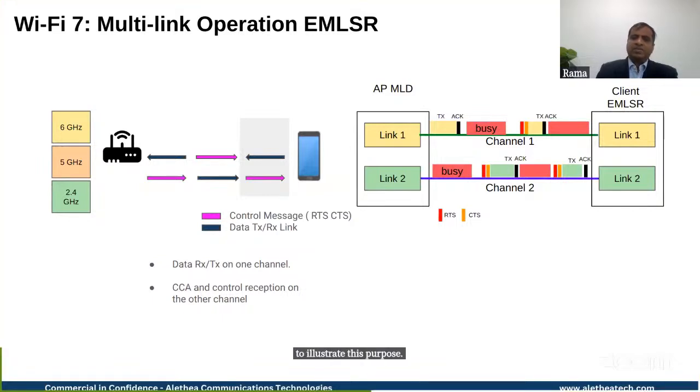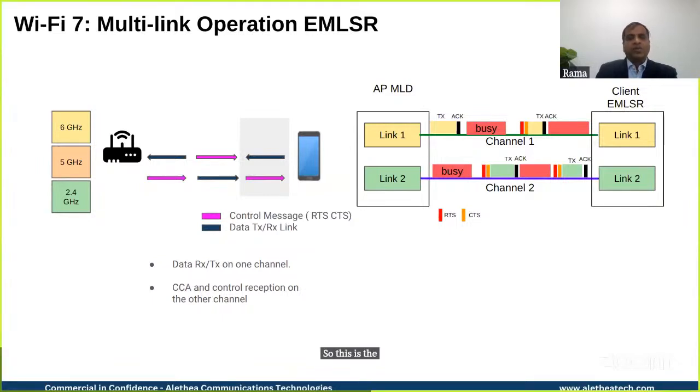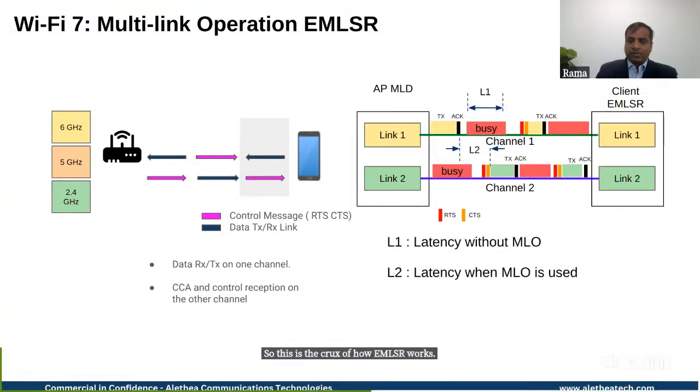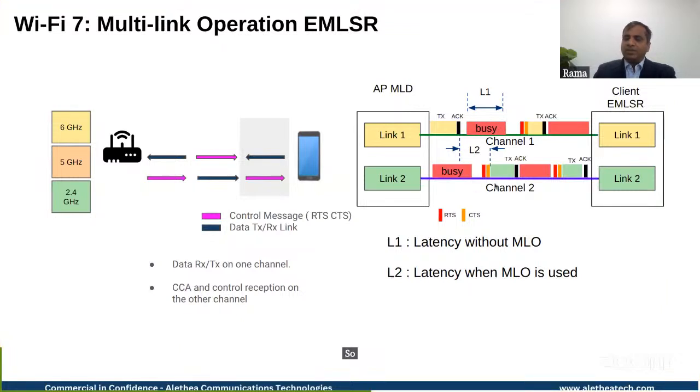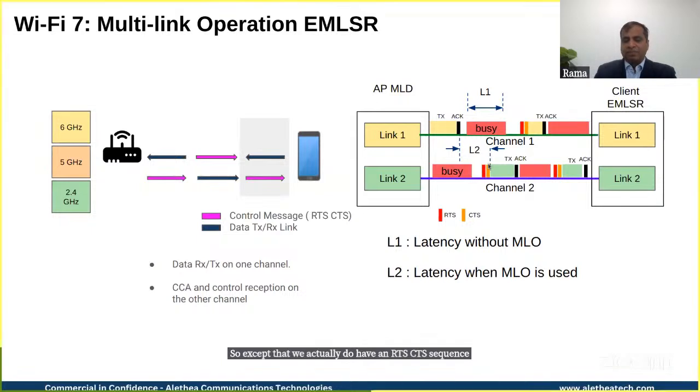So this is the crux of how EMLSR works. The latency L2 is obviously lesser than latency L1, and it looks very similar or close to the latency that we have seen in MLMR STR case, except that we actually do have an RTS CTS sequence, which would take up some time.